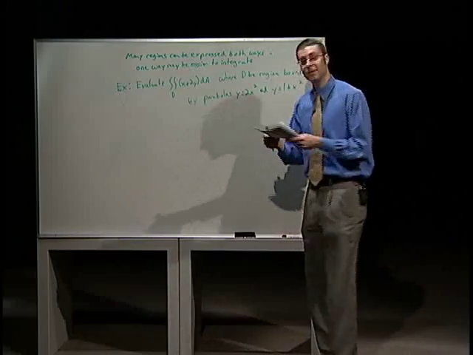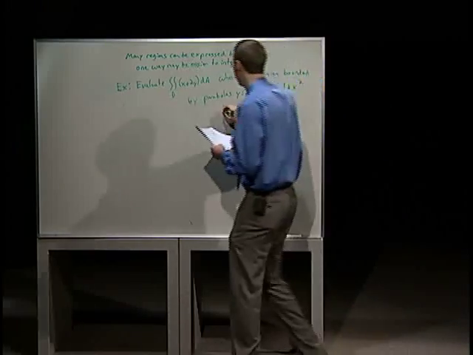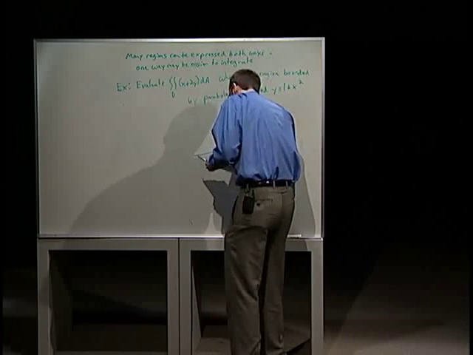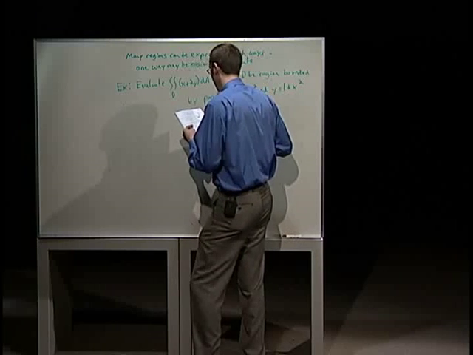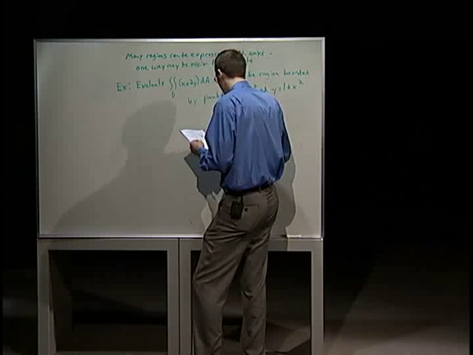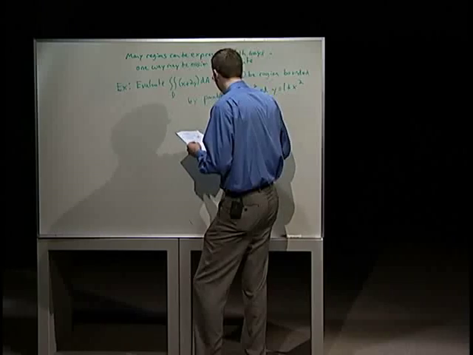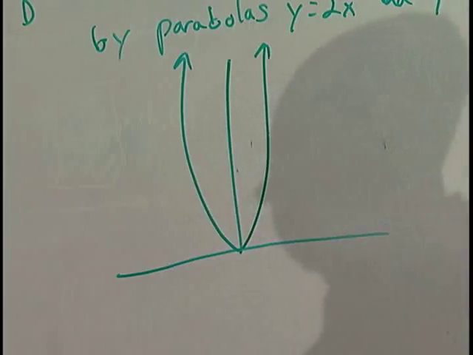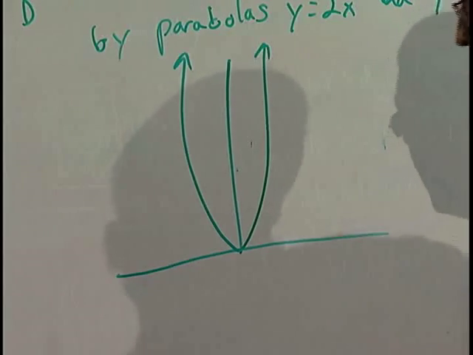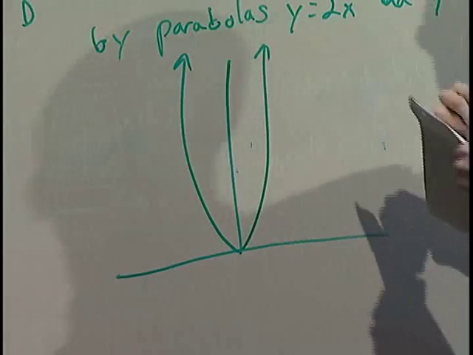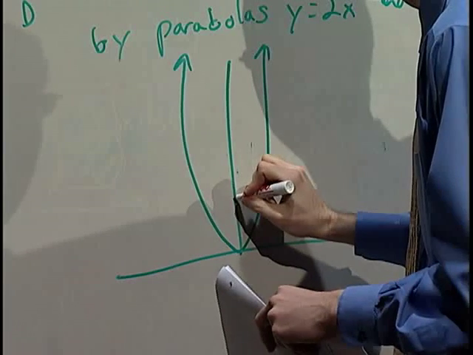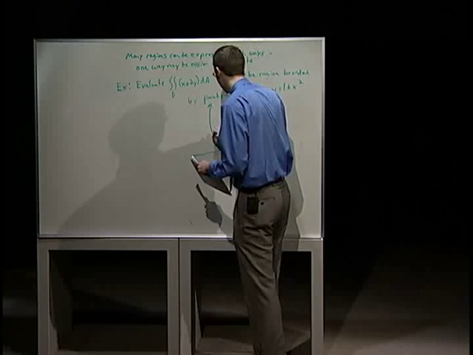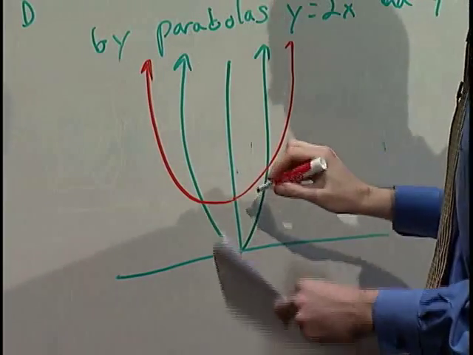So first things first, we'll draw a picture of what's going on here. So 2x squared probably looks something like that. And then x squared plus 1 is a little bit wider than 2x squared, and it's moved up 1.